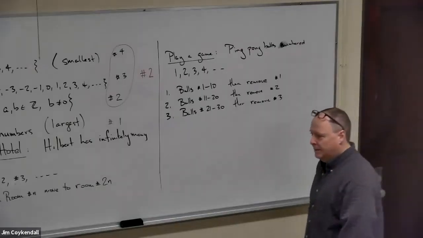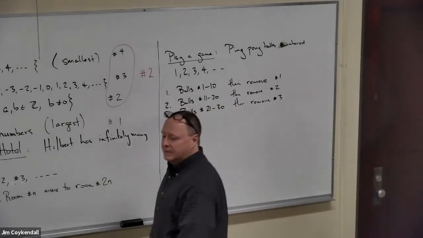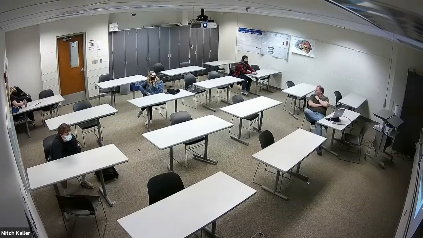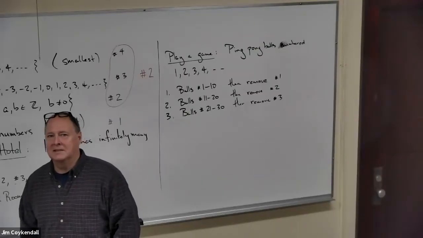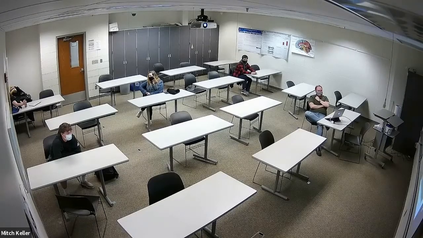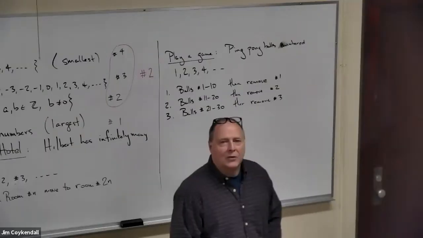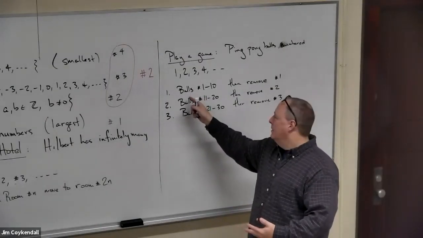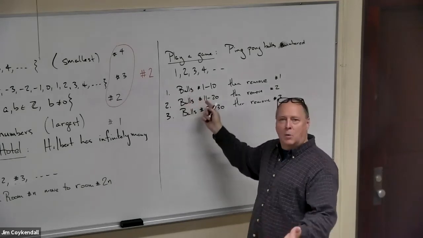Anybody want to take a flyer on this? Take a guess? Did I hear somebody say none? That seems kind of crazy, doesn't it? Because effectively, what am I doing at each one of these intervals? I put in 10 balls and I take 1 out.